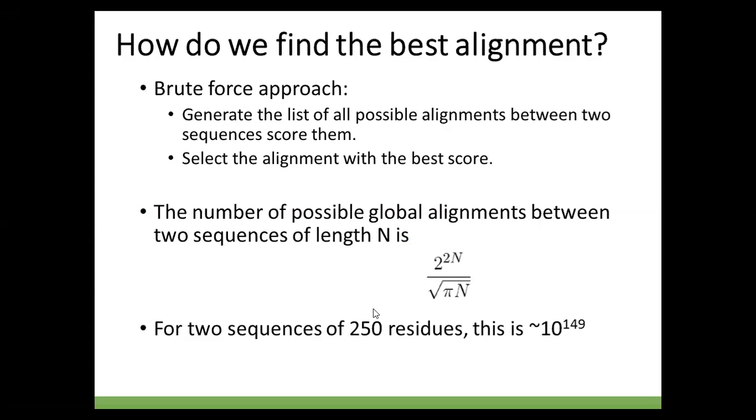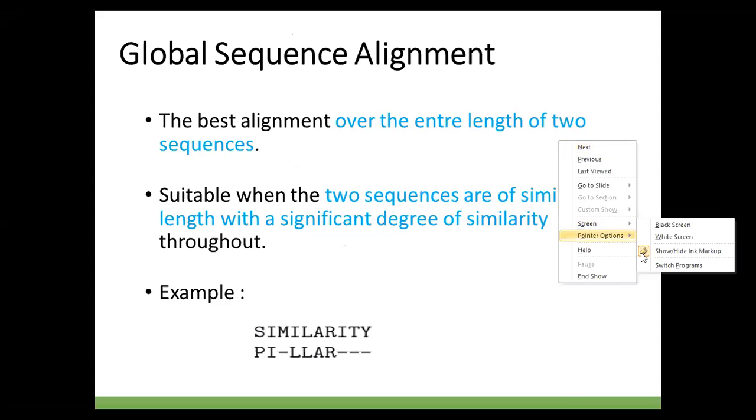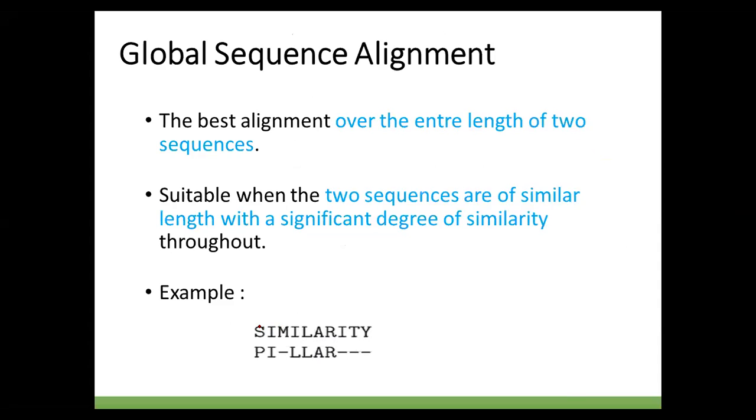So what can we do to find the best alignment? The first one is the brute force search. You can write as many combinations as possible, and you have to put gaps. This sequence has 10 positions, so you have to compare the positions with the 10 positions of the second one.